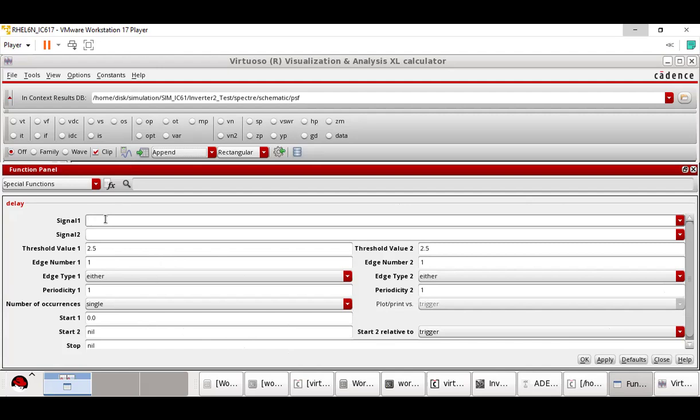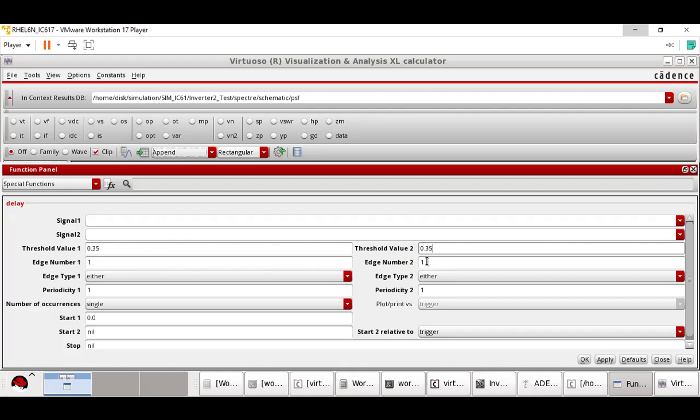What is the threshold value? Threshold value is 50% of your given input. For example, in this you are giving 0.7 volt. So your threshold value for the first signal will be 0.35. And in your output, the maximum voltage is also 0.7 volt. So the threshold is 0.35.